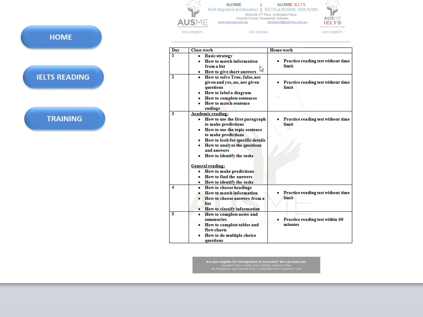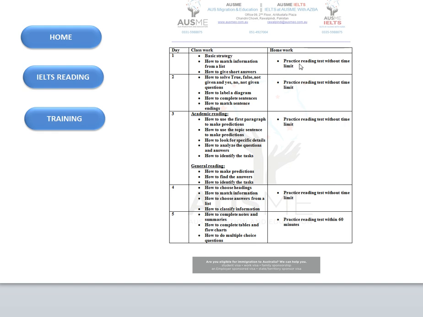So then we've specifically picked out the question types you get in the reading test, and we do some strategies for each of the question types. So giving short answers is one of the question types, and also matching information from a list. So you have some words in the list that are called for the information, and you have to match the statement with the list.